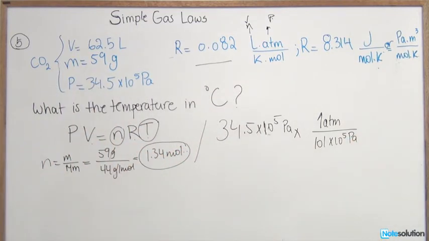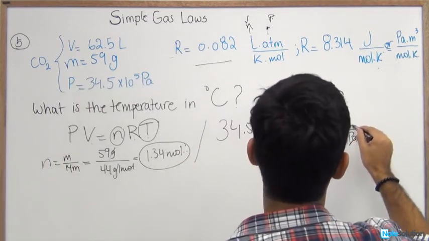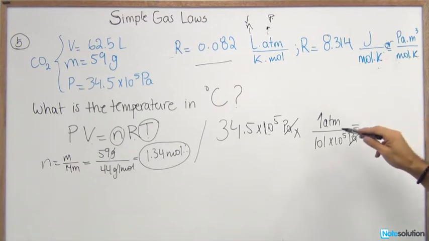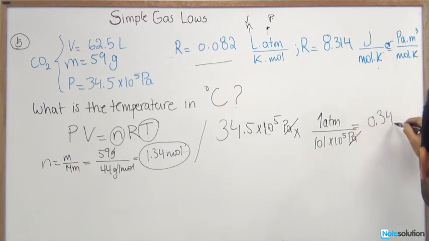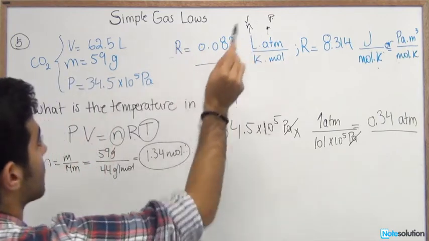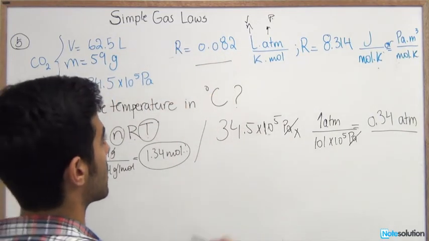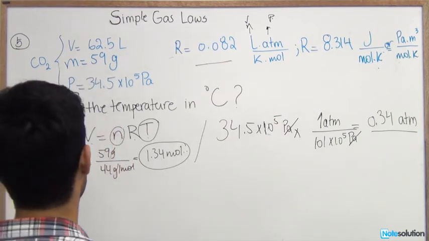When we multiply by this relation, we can cancel the units, and if you do the calculation, you should end up with 0.34 atmosphere. So now we have the pressure in atmosphere and the volume in liters, the temperature we're going to have in Kelvin once we calculate, and we have the number of moles. Now, pretty much, it's straightforward.